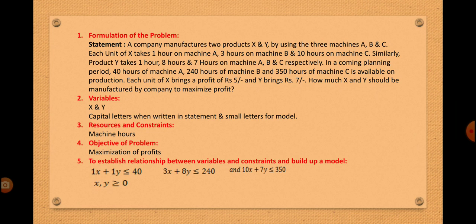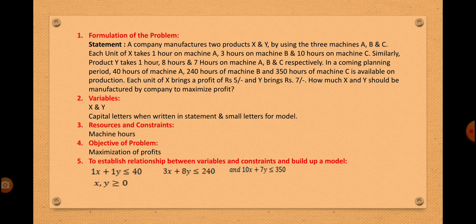Let us consider one example. The statement is like this: a company manufactures two products X and Y by using three machines A, B and C. Each unit of X takes 1 hour on machine A, 3 hours on machine B and 10 hours on machine C. Similarly, product Y takes 1 hour, 8 hours and 7 hours on machines A, B and C respectively.